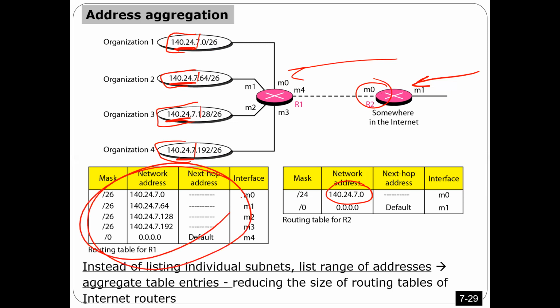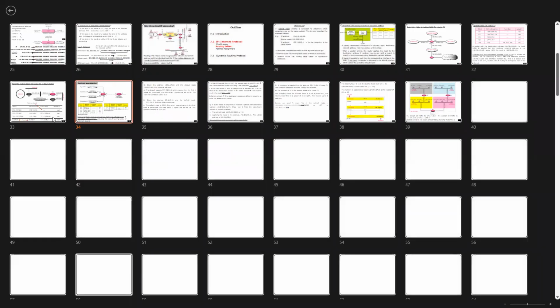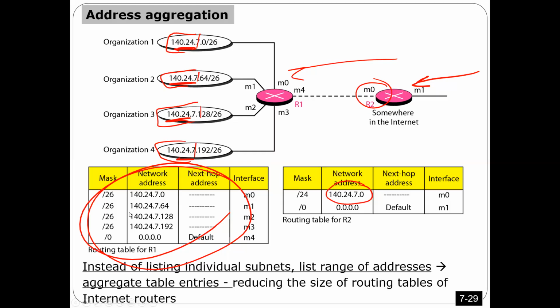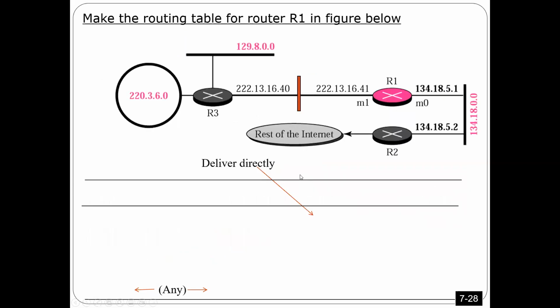I can't do that here, for sure, because when I receive a packet, I have to send it this way or that way or this way or this way. But this is somehow related to what I told you before. If you have an organization, for example Qatar University campus or a company or anything else, everyone else will see you as only one network.